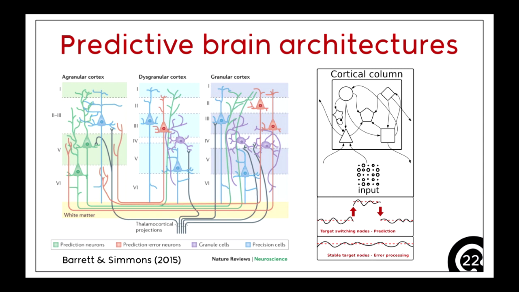We can also make different kinds of cells or nodes. Some cells recognize the pattern itself, and these are the prediction neurons. Some cells learn to ignore the current patterns, which makes them anomaly detection cells, or error processing cells in predictive coding language.